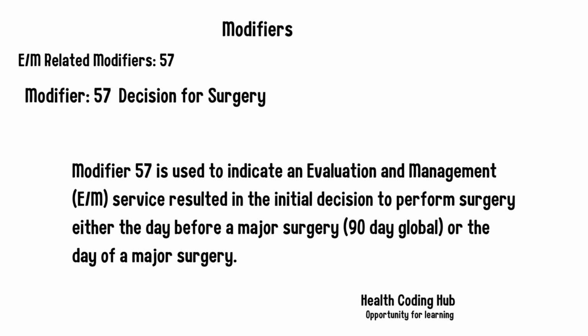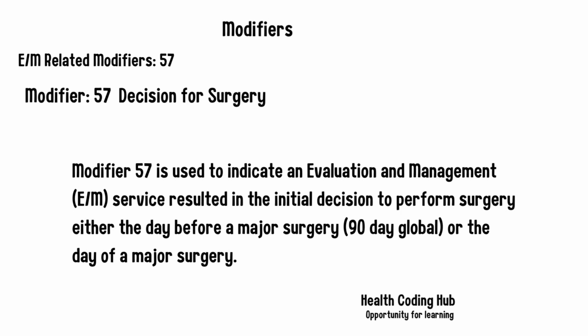About modifier 57. As earlier discussed, we have two different kinds of modifiers. One is the E&M related modifier and the other is the procedure related modifier. Procedure means things like lab testing, surgeries and radiology.